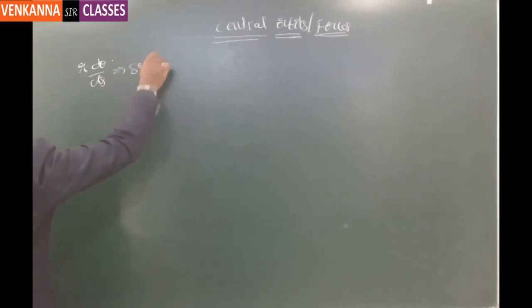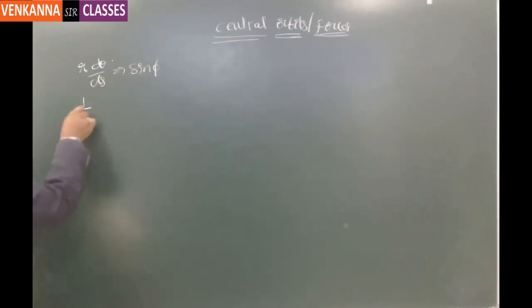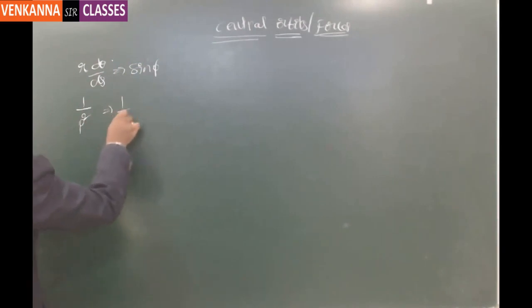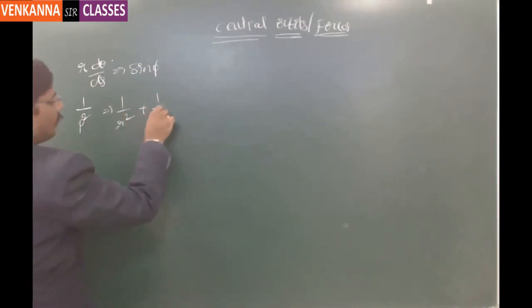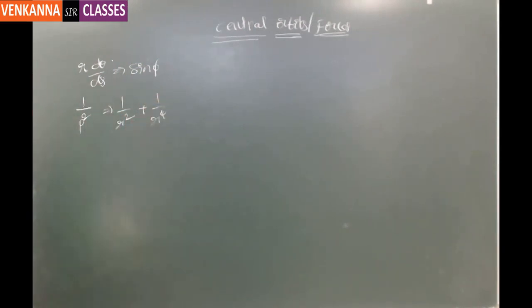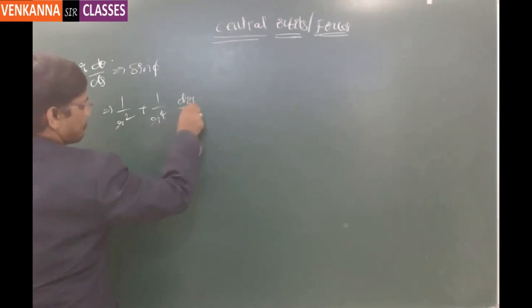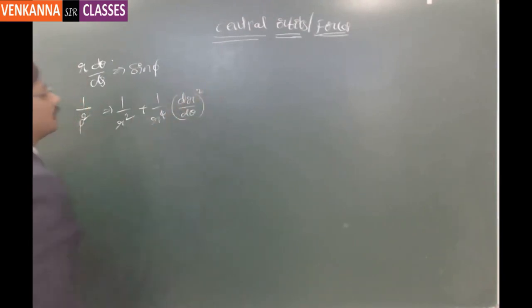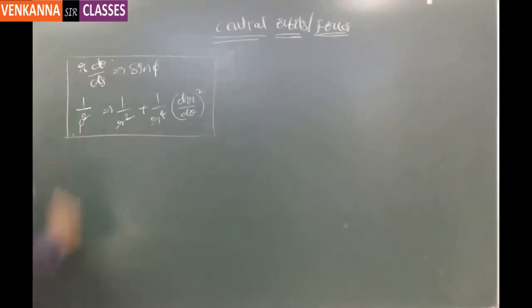So this is one relation, and 1 by p square equal to 1 by r square plus 1 by r power 4 into (dr by d theta) whole square. So this is another relation we are going to use. Now actually we need to understand how these relations come in the case of pedal, right?